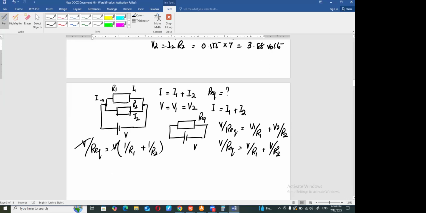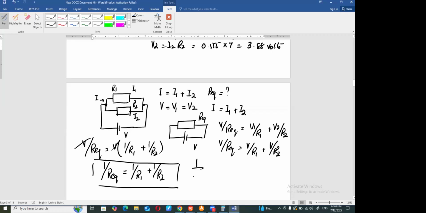Did you notice that it's not always a sum? The resistance is not always a sum. So 1 upon R equivalent is equal to 1 upon R1 plus 1 upon R2. This is the combined effect of both resistances which are connected in parallel. Or if you further dig into that, you can find the resistance as R1 into R2 divided by R1 plus R2.